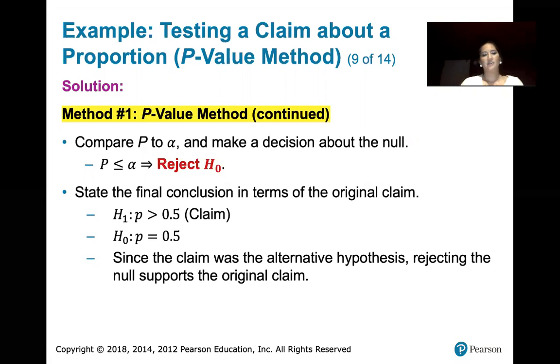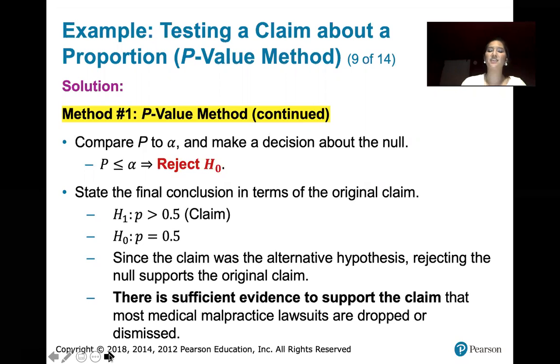And rejecting the null hypothesis, in this case, since the claim does not include the condition of equality, rejecting the null hypothesis is supporting that original claim. So our final conclusion would be that there is sufficient evidence to support the claim that most medical malpractice lawsuits are dropped or dismissed.